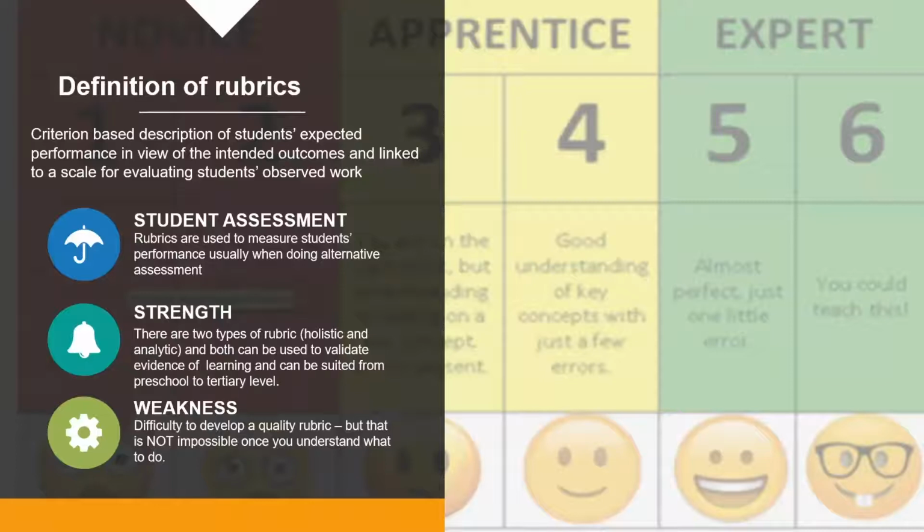So if you look at how rubric is actually used, in terms of student assessment, that's where you want to measure students' performance, and especially it is used when you're using alternative assessment, meaning very unlikely that you'll be using a rubric in your final exam.